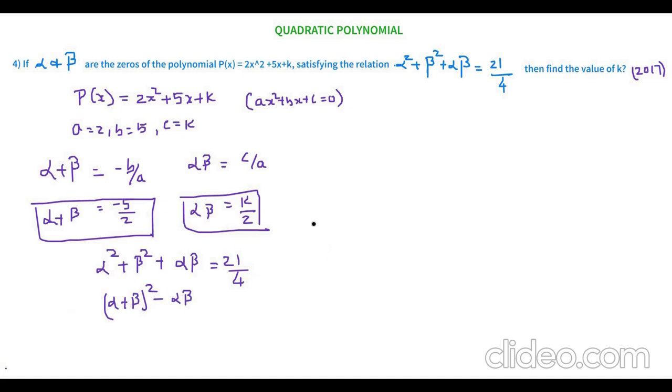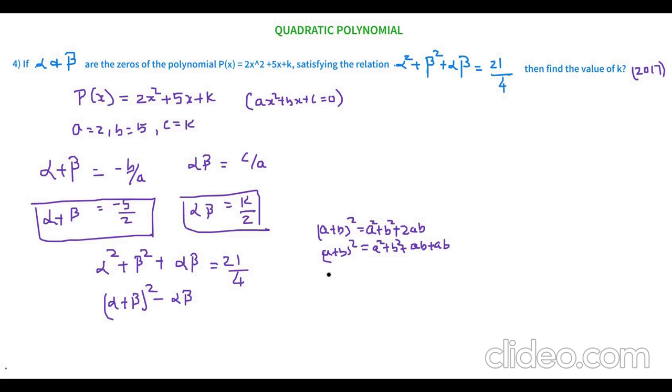So let me explain. We have a formula: a plus b whole square equals a square plus b square plus 2ab. As you can see here, we have alpha square, we have beta square, and we have one ab. That's one more ab remaining. So I can separate this 2ab as a square plus b square plus ab and another ab. This side will remain the same, a plus b the whole square.